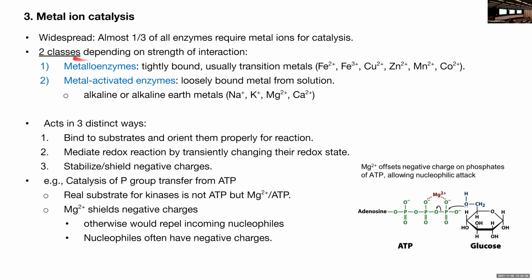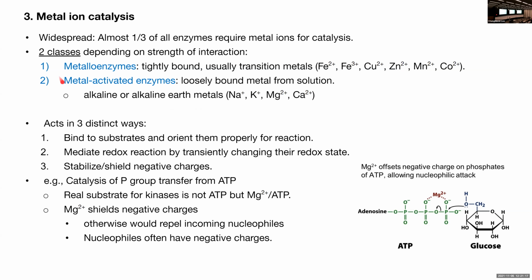So there are two classes of metal ion catalysis, depending on the strength of the interactions. If it is really tight binding of the metal ions to either enzymes or the substrate, they're going to be called metalloenzymes. And typically, the transition metals, which reside in the center of the periodic table, are used for forming the metalloenzymes, like iron, copper, zinc, manganese, and so on, cobalt.